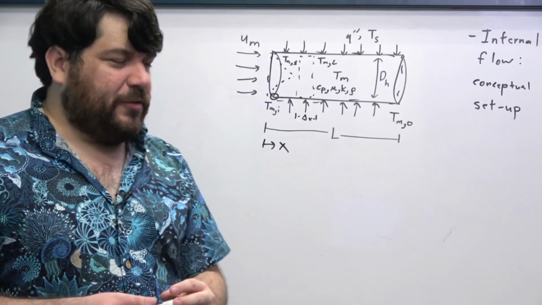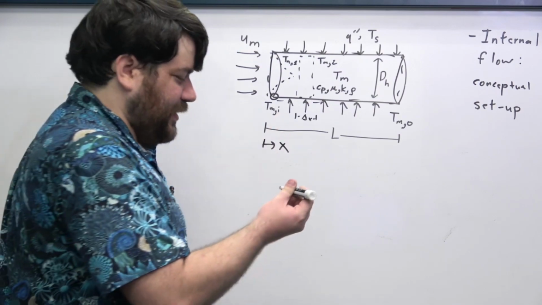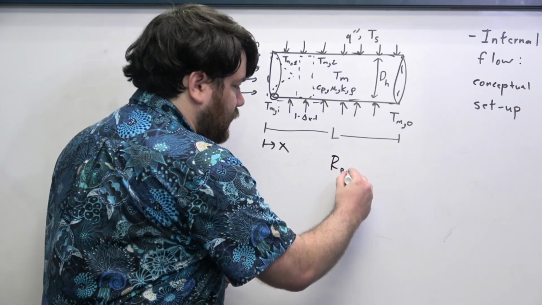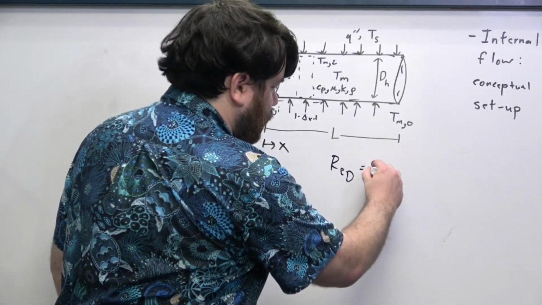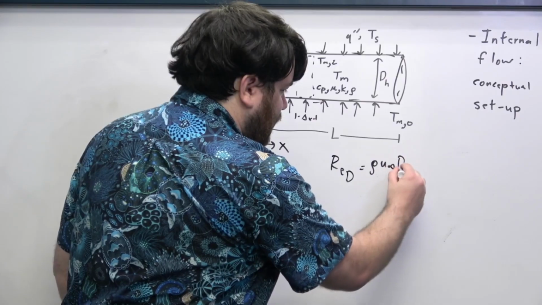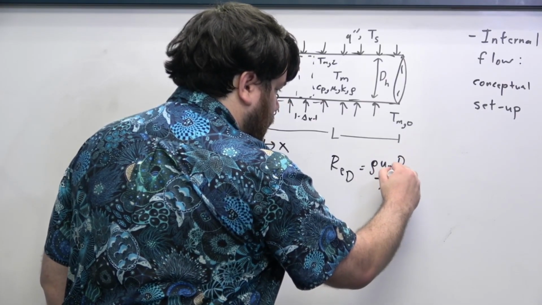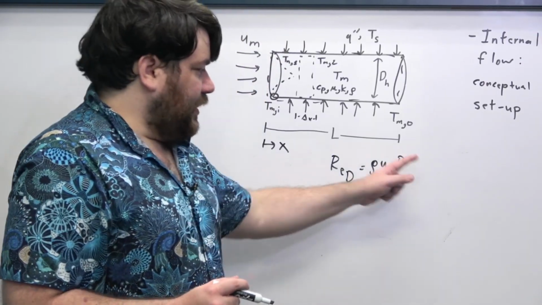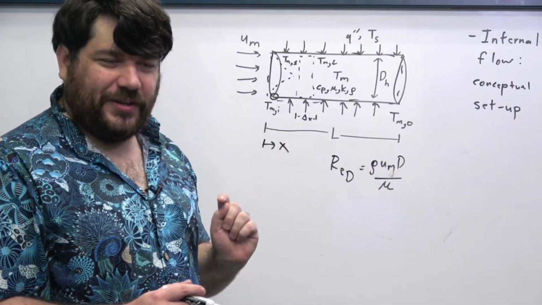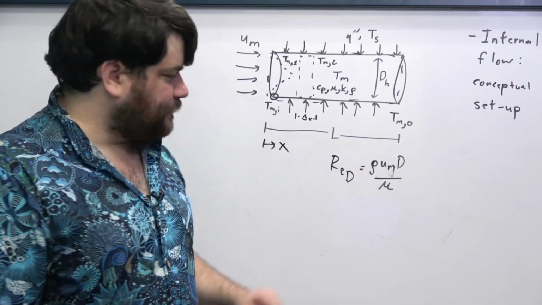In these scenarios, the idea is that we define a Reynolds number based on the diameter. Okay, so we create a Reynolds number, just like we did for cylindrical systems, and we say, oh, well, this is just rho u infinity d over mu, or I guess pardon me. We create a Reynolds number that looks like this, and then once this number is larger than a specific quantity, then the flow is turbulent everywhere.